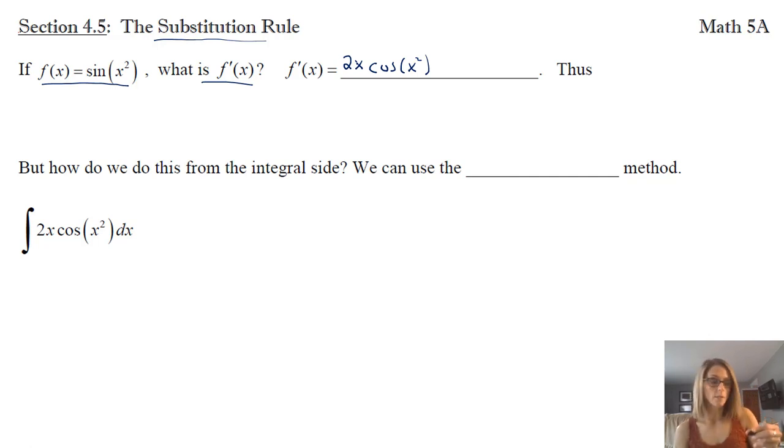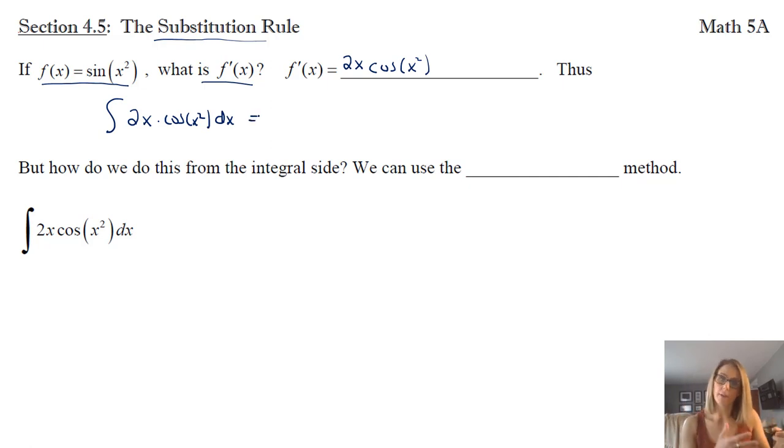So what this means in terms of the stuff we've been learning in the rest of this chapter is that it tells us that the integral of 2x times the cosine of x squared, dx, would be equal to sine of x squared, and then of course there is always that possibility that you have a plus c.